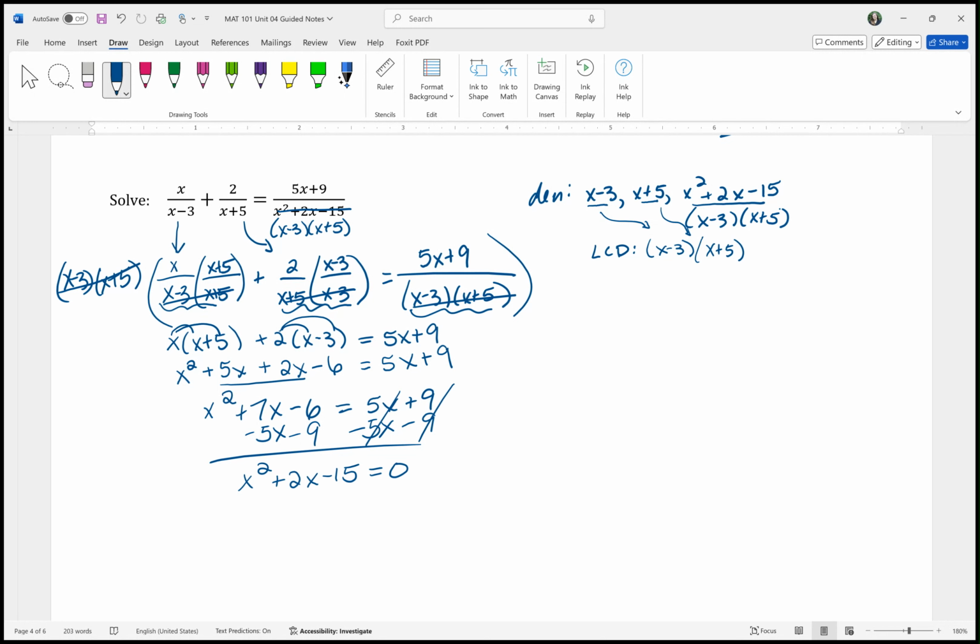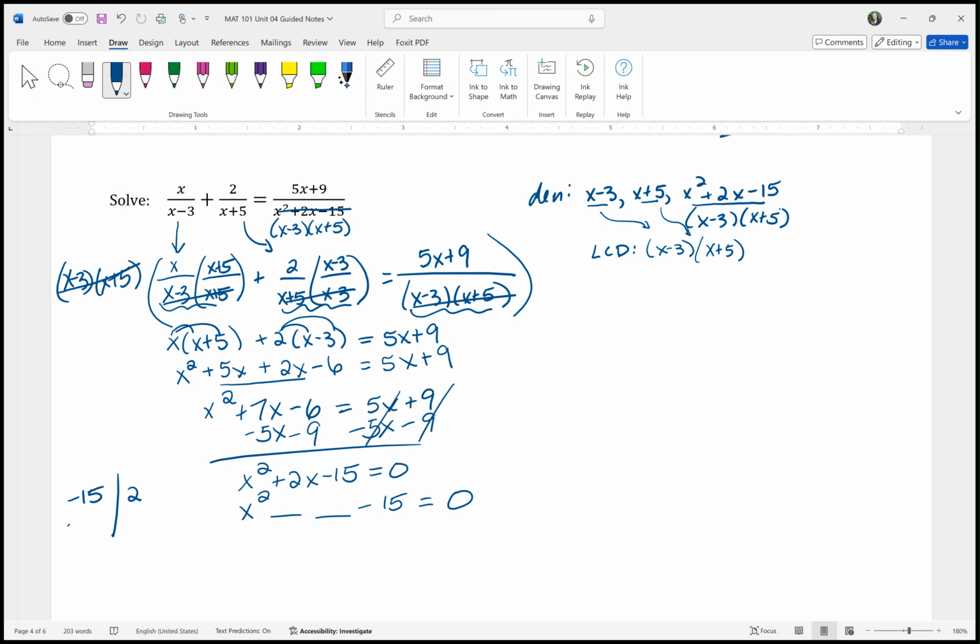So clearly, you need to remember how to factor, okay? All right, so x squared, 2 blanks, minus 15 equals 0. And a is 1, so a times negative 15 is negative 15. And b is 2. So what are our factors that multiply to negative 15 and add to 2?